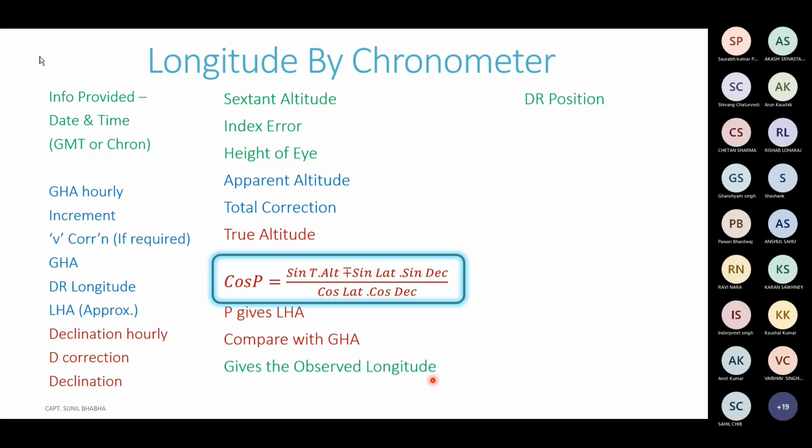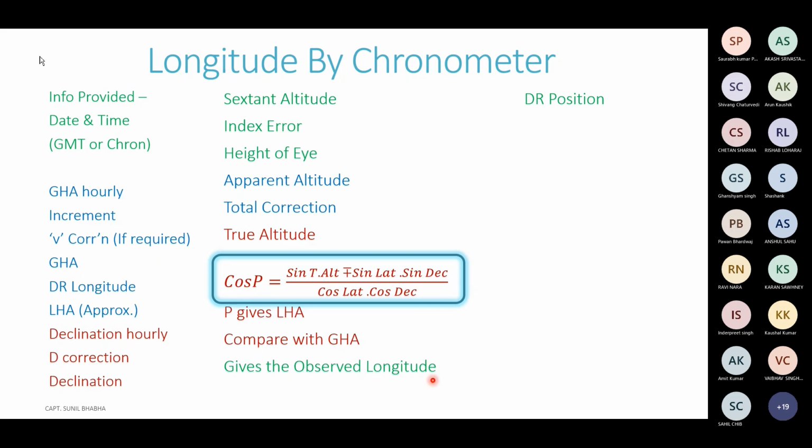For that, we need to calculate the azimuth of the body. In case of celestial bodies, the position line obtained from the body always lies perpendicular to the azimuth of the body.